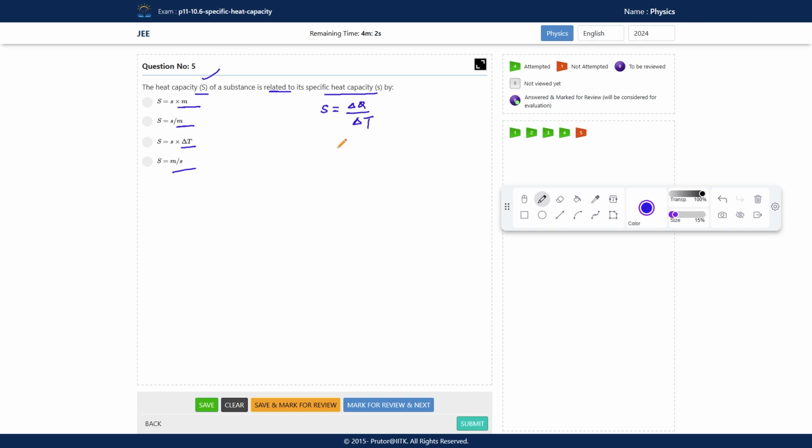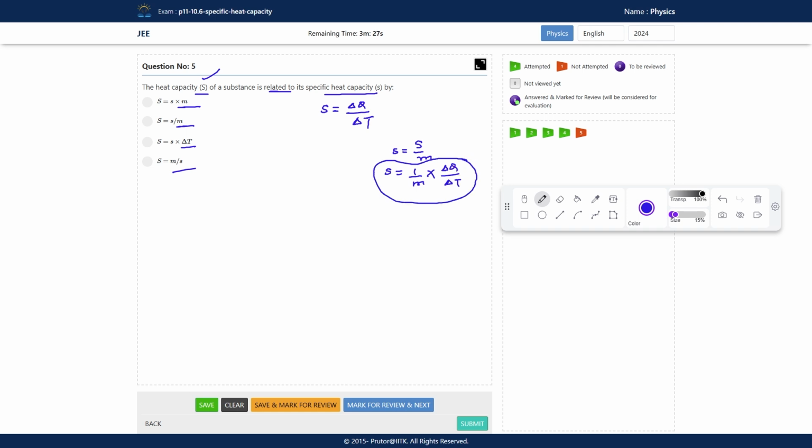And what about the relation? We know small s is equal to capital S by M, where capital S is delta Q divided by delta T. Yes or no?